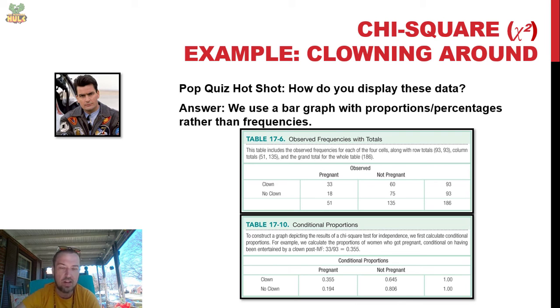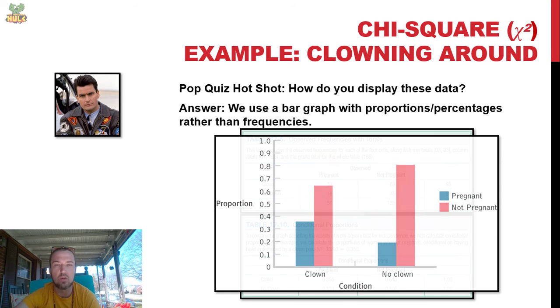How would you display these data? Well, actually easy. You have 4 numbers in the center of the table that are relevant, and you can do these as proportions, percentages, rather than actual frequencies if you want to. So 75 out of 186 is a little less than 50% of the sample, right? And so if I graph it in this way proportionately, you could see that when there was a clown, the difference between not pregnant and pregnant is a little bit smaller because the number of individuals who end up not pregnant goes down, and the number of individuals who end up pregnant goes up.